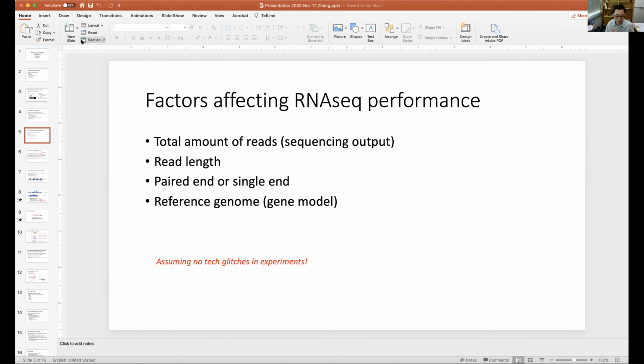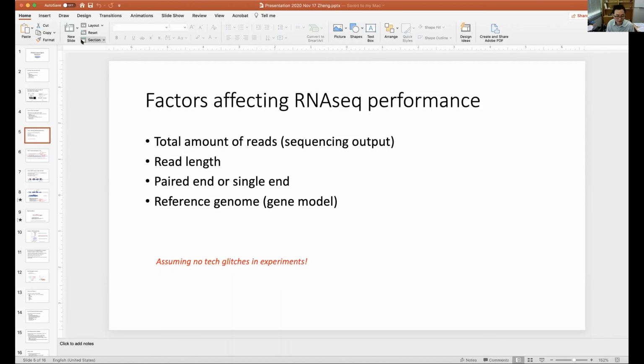But if your goal is to estimate expression, then the read length doesn't carry too much weight. Another factor is whether the RNA sequencing is paired-end or single-end. Now, paired-end is apparently more powerful and more accurate.